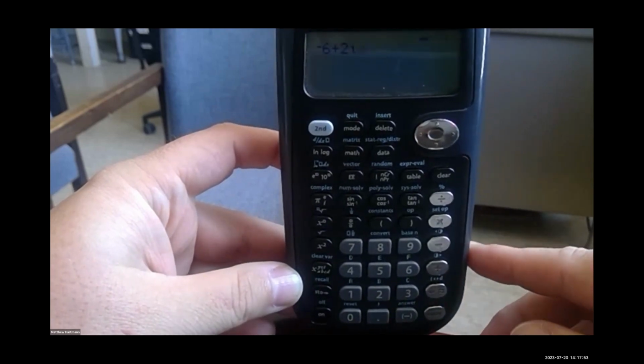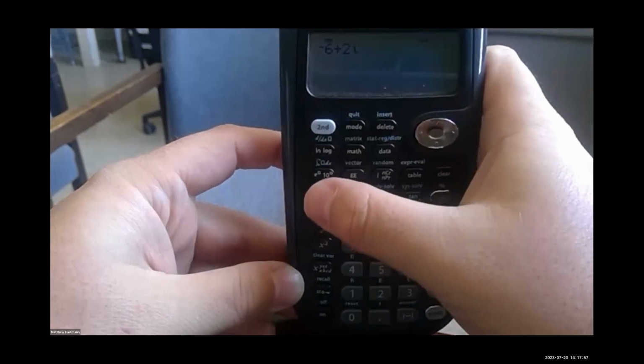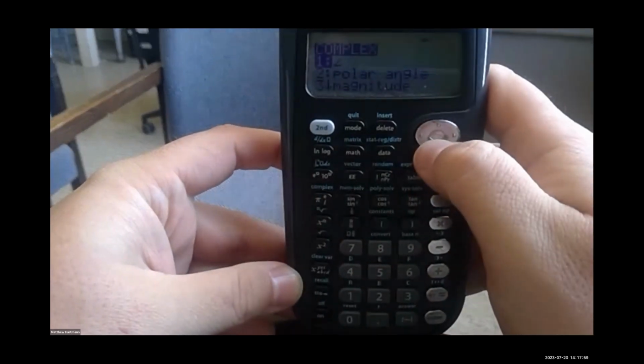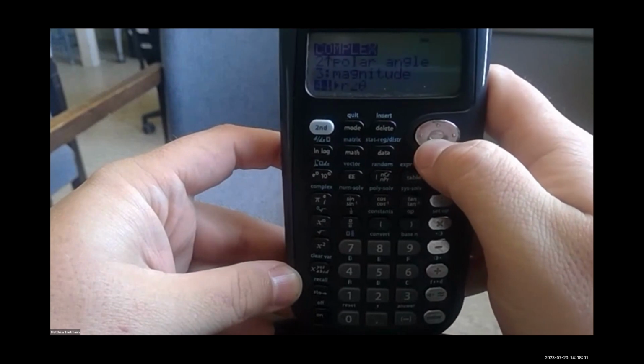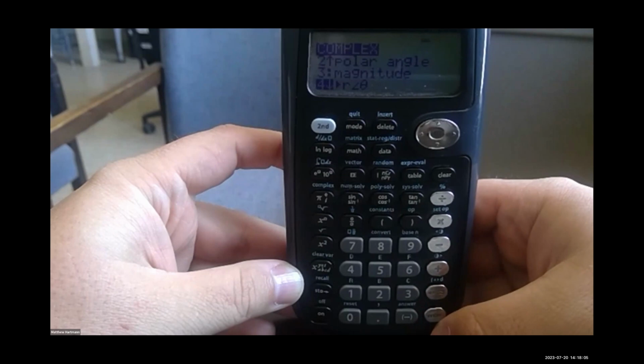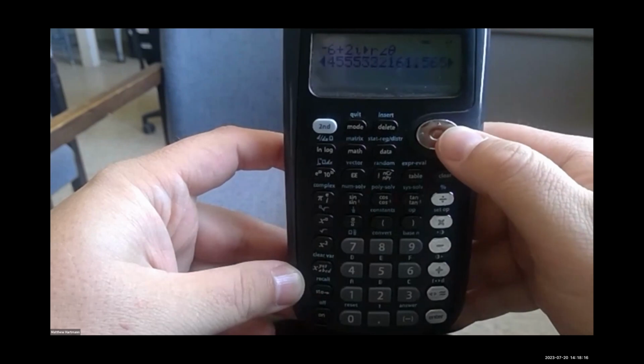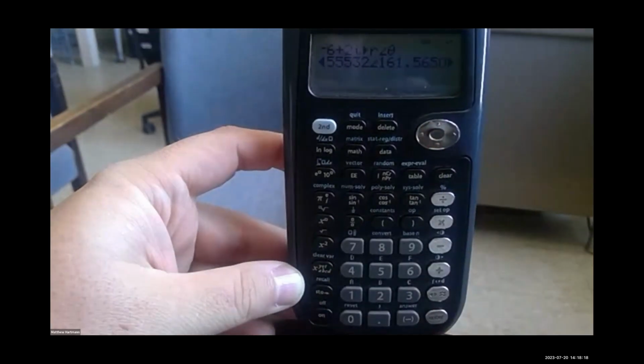So -6 plus 2i. If I press second and then complex, and then scroll down to option number 4, this is going to give me that result in polar form. And I get 6.324 and change, which I believe is 2 square root of 10 with an angle of 161.565 degrees.